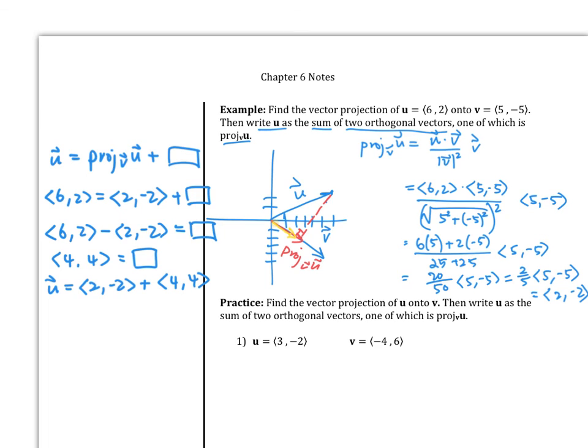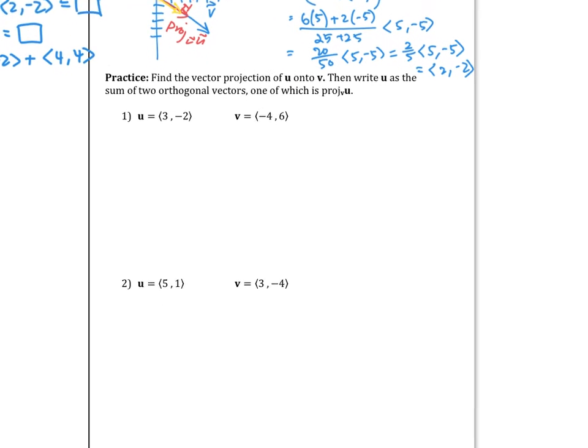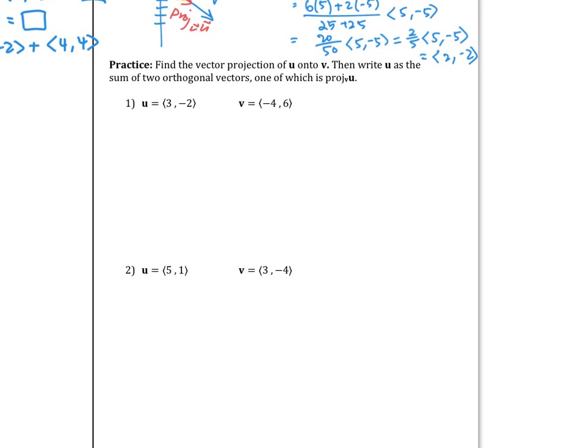Let's have you try one, then come back and check your answer. Same thing as before, we're doing two parts. One is the projection vector, and the second is to write u as the sum of two orthogonal vectors.